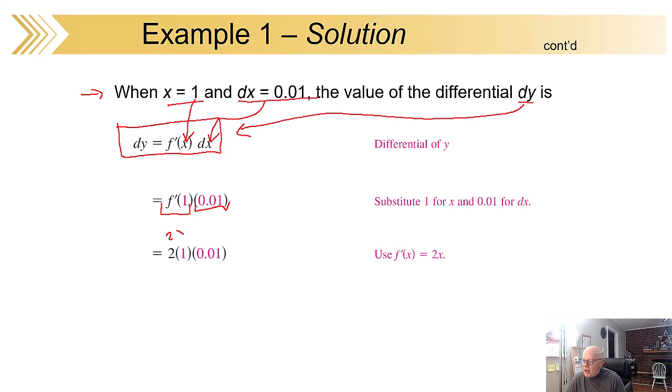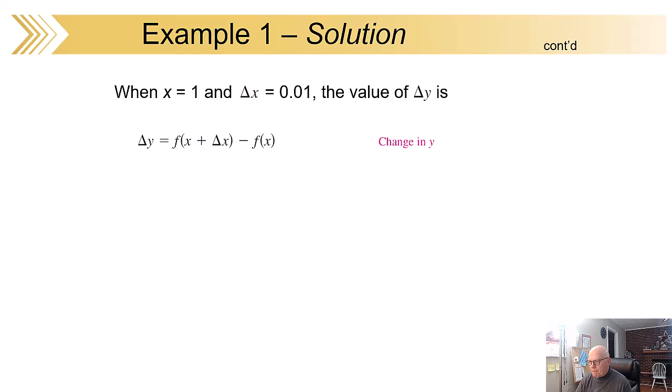Remember, we had 2x, and the x is the 1. So you have 2 times 1 times that delta x, or dx. Just multiply it out, and there is dy. Now, remember, we just found that dy is 0.02.